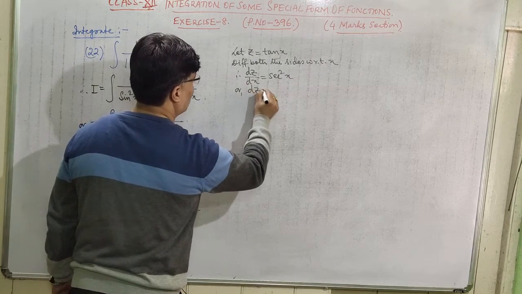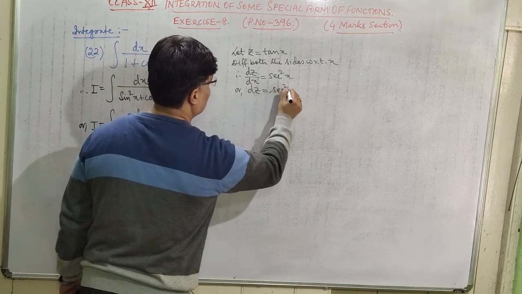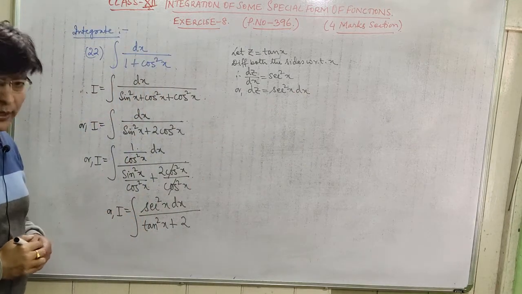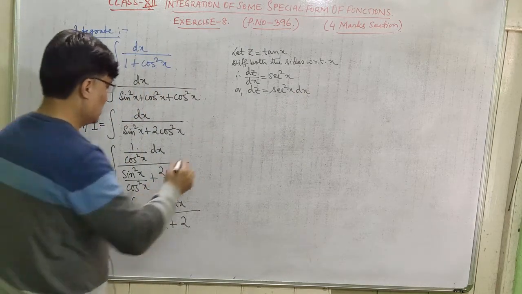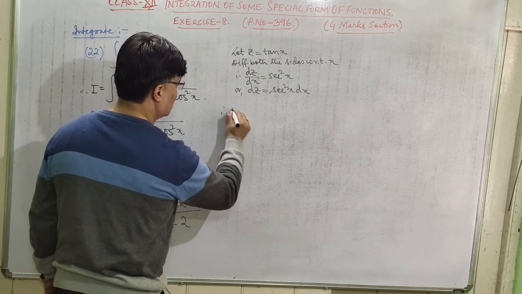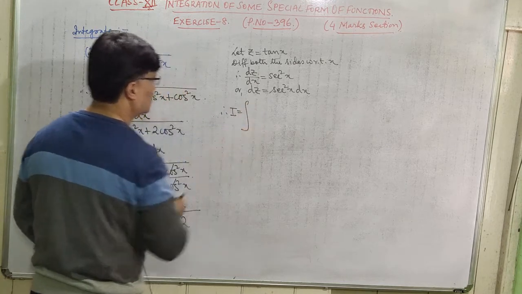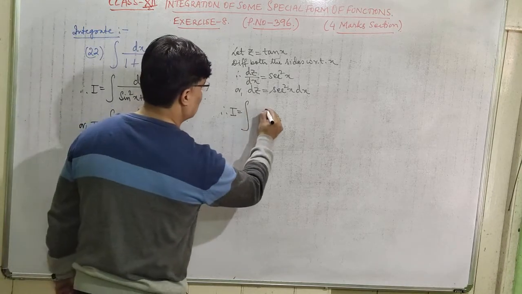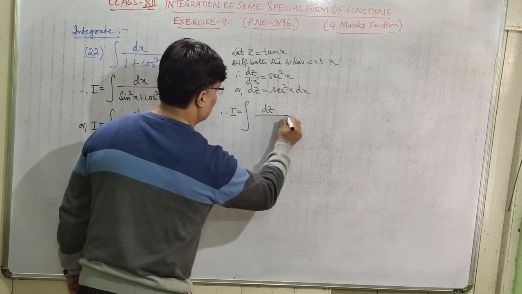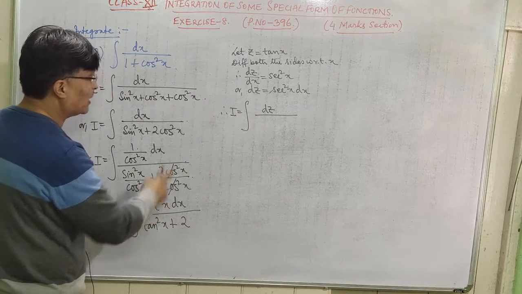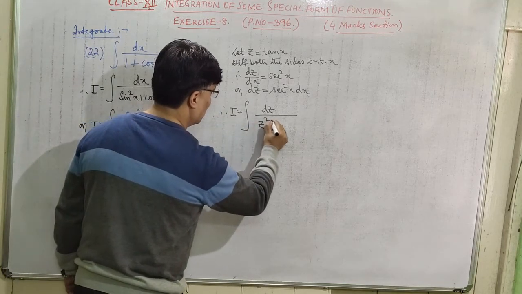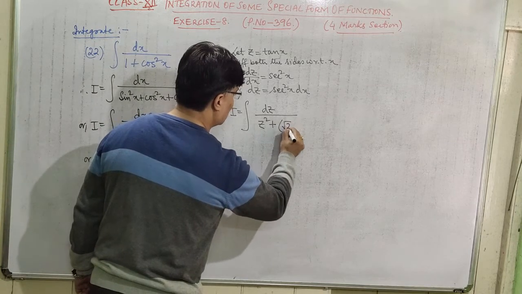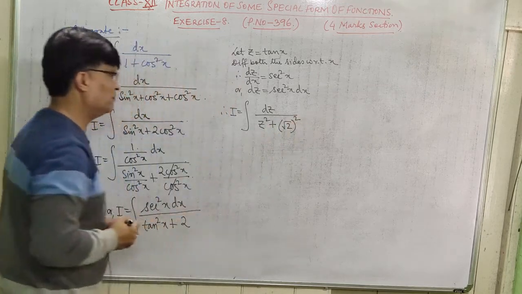Now you do cross multiplication, dz is equal to this is your sec square x dx. That means we are getting the numerator, right? So therefore what is I? Let us put these values in I. I is equal to integration of what is sec square x dx? It is dz divided by what is tan square x? z square plus this 2 can be written in terms of whole square, that is root over 2 whole square.